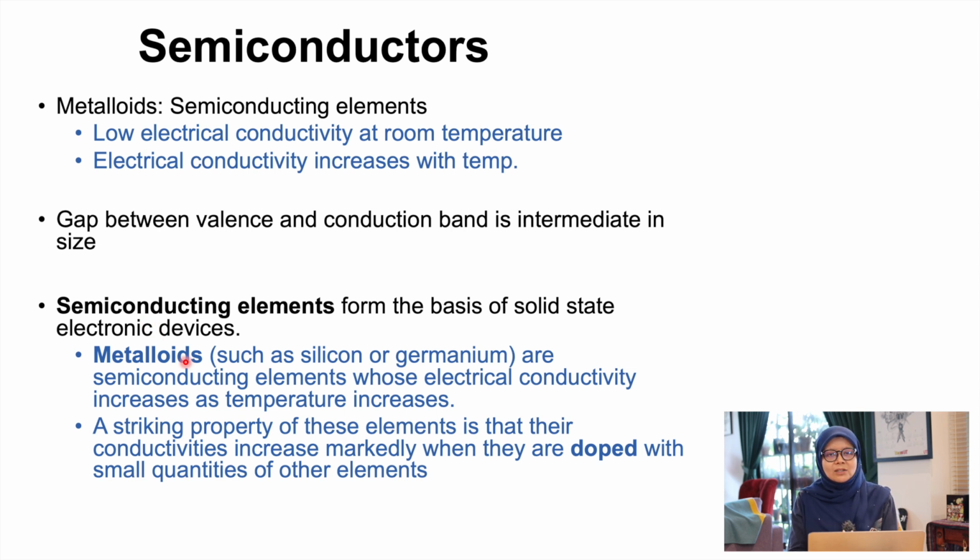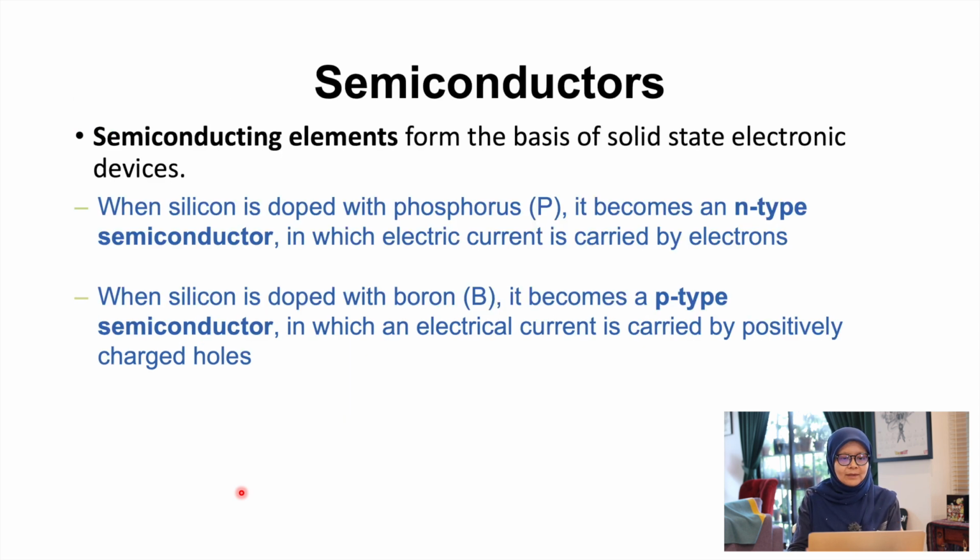Metalloids such as silicon and germanium are semiconducting elements whose electrical conductivity increases as temperature increases. A striking property of these elements is that their conductivities increase markedly when they are doped with small quantities of other elements.